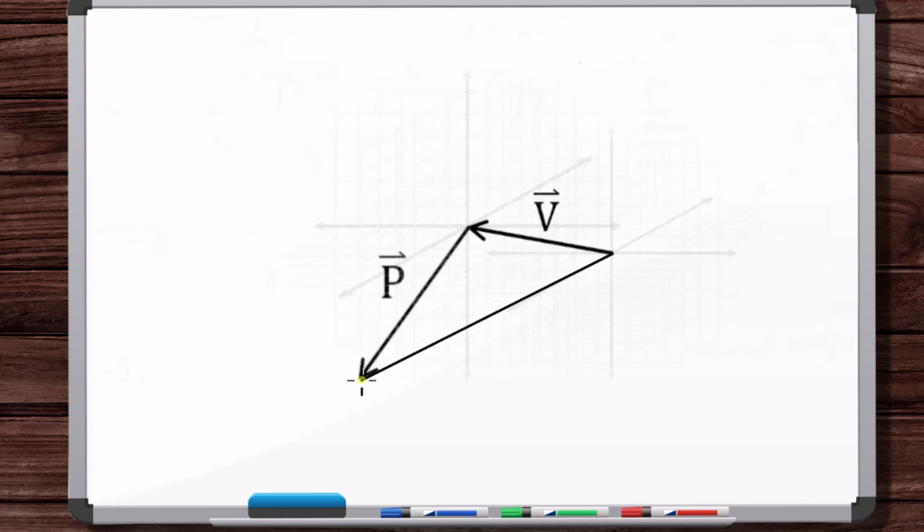This is v plus p. Okay, if we took these two vector matrices and added them and got a new vector and then plotted that vector, this is the vector we would get right here with this length in this direction.